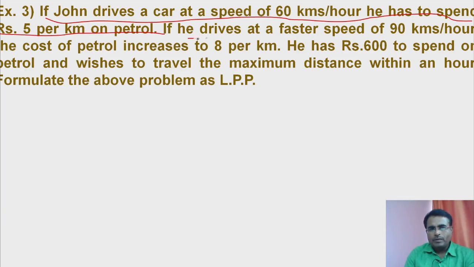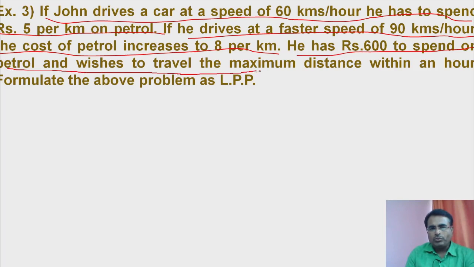If he drives at the faster speed of 90 kilometers per hour, then the cost of petrol increases to 8 per kilometer. He has rupees 600 to spend on petrol and wishes to travel the maximum distance within an hour, that is, in 1 hour. We need to consider the formulation of a linear programming problem.